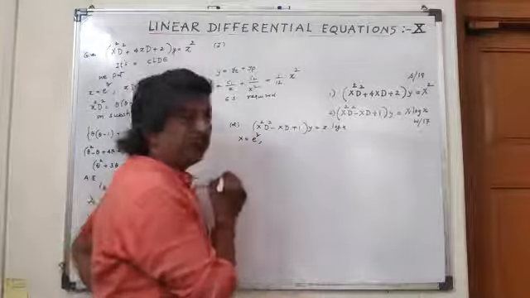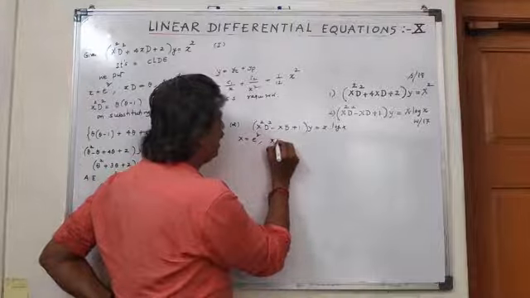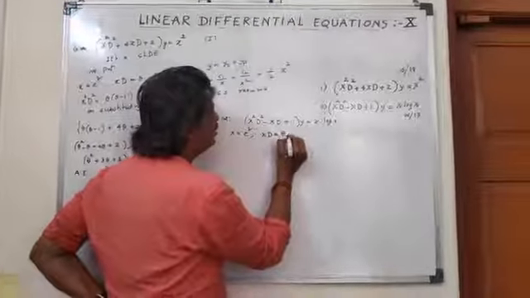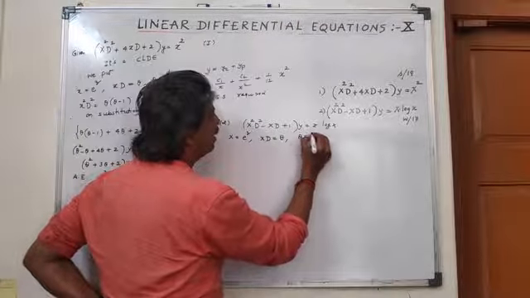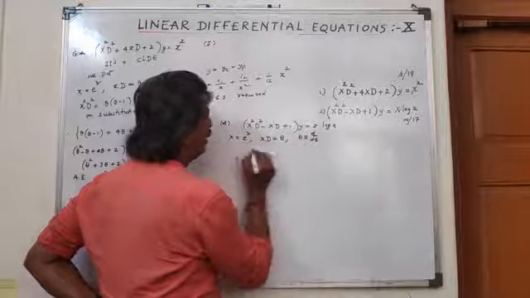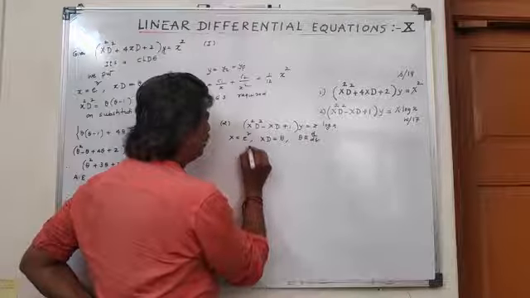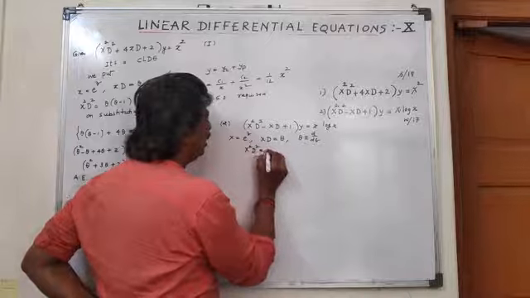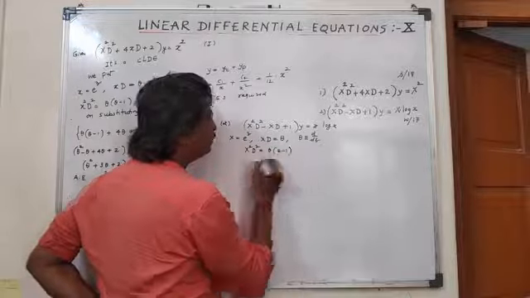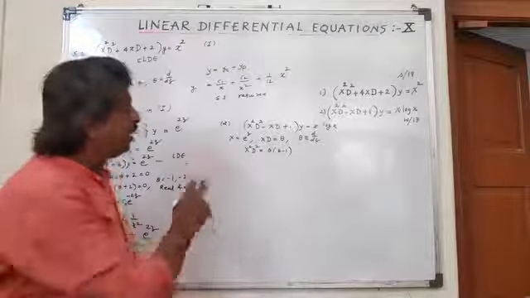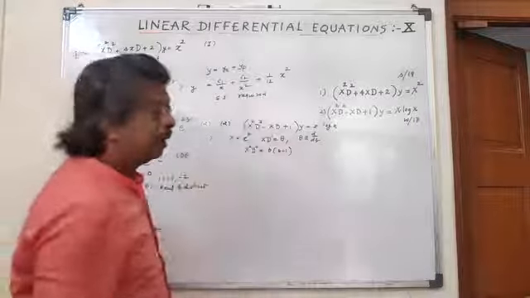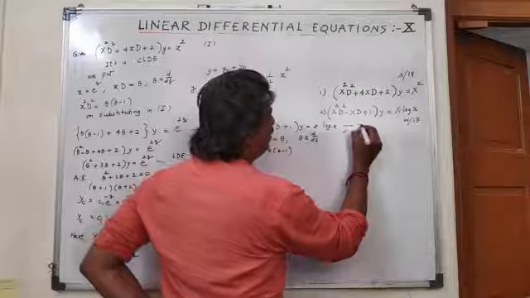Along with this substitution, xd becomes theta, which is d by dz. x square d square becomes theta into theta minus 1. Now we shall employ all this substitution in the given Cauchy's linear differential equation.